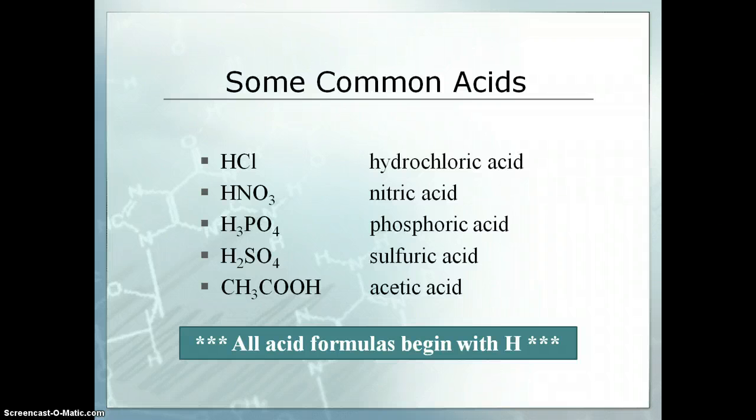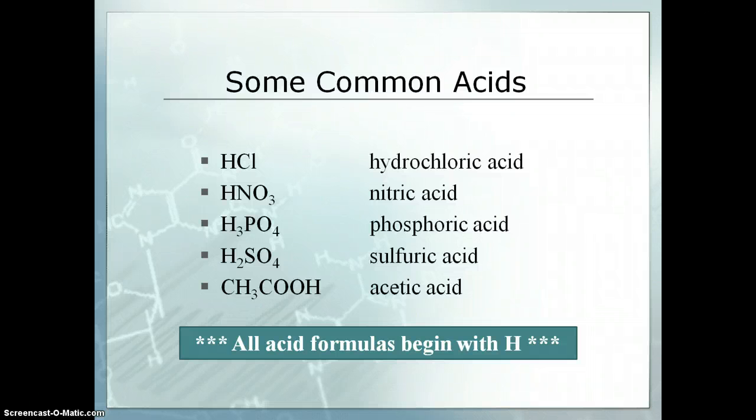Here are some common acids. We have HCl, hydrochloric acid, HNO3, nitric acid, H3PO4, phosphoric acid, H2SO4, sulfuric acid, and CH3COOH, acetic acid. Now, it's a good idea to be able to recognize these common acids.